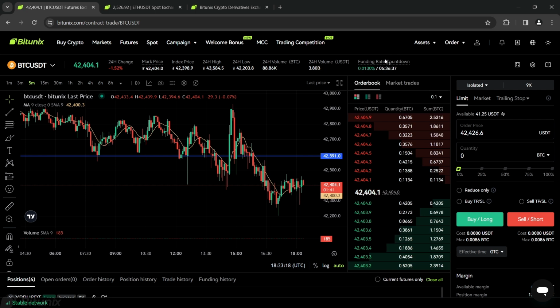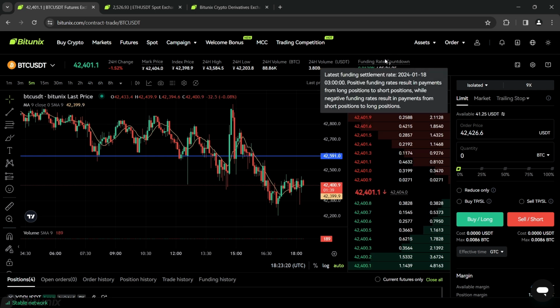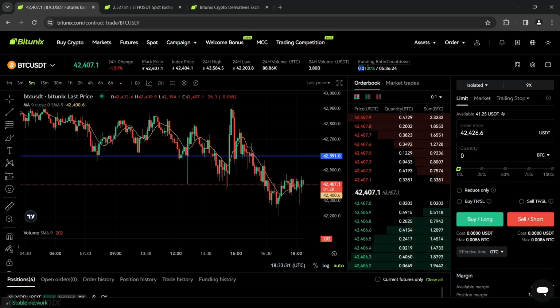So you can go ahead and hover over it and you'll get the description here, including the latest funding settlement rate. But if we go ahead and read the description, we can see that positive funding rates, which in this example of Bitcoin, we are in the positive because it's 0.013. Sometimes you have negative funding rates, which will be seen here with a negative symbol right before the number.